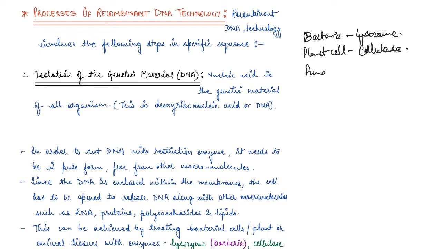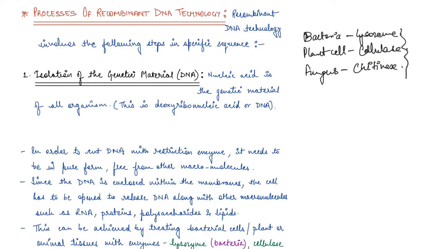If it is a fungus, we treat it with chitinase, right? So there are various enzymes which are going to break open the cell, right? So depending upon the organism from which you are basically taking out the DNA, you will use certain enzymes.